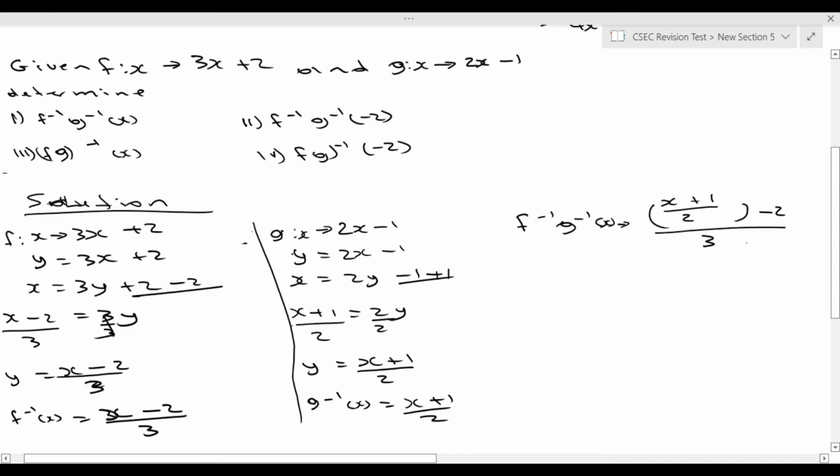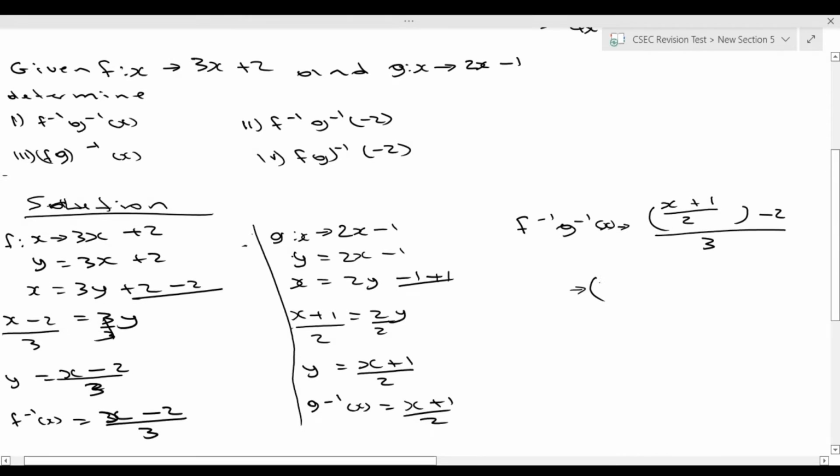Our next procedure now, we see this being subtracted, this being divided. The first step now is to get rid of this 2 from the denominator. So let's just write it back right here.